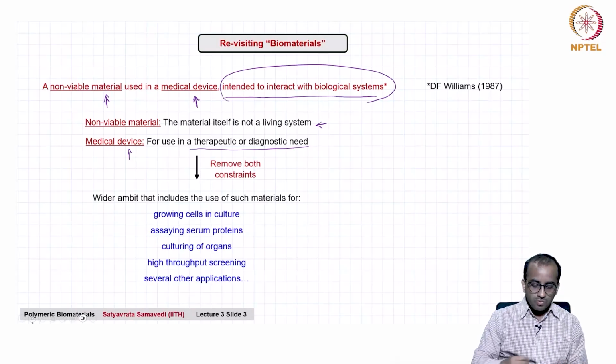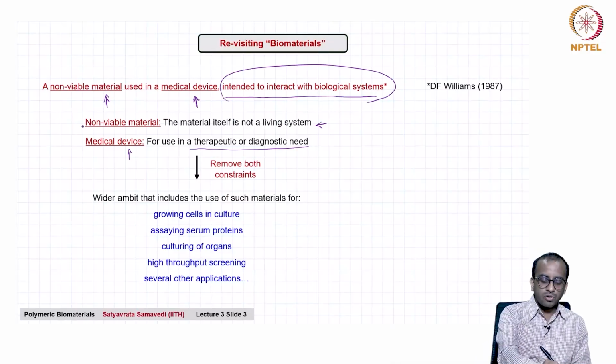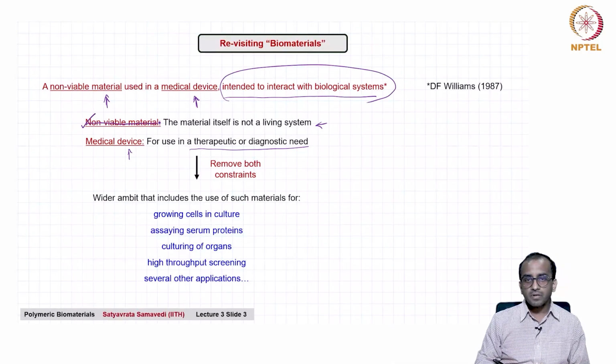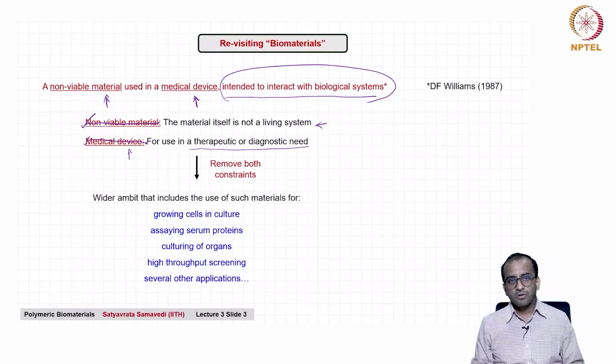Now, if you remove both these constraints, in the sense you remove the constraint of non-viable material and you remove the constraint of a medical device, what you now see is that the ambit immediately broadens, right?